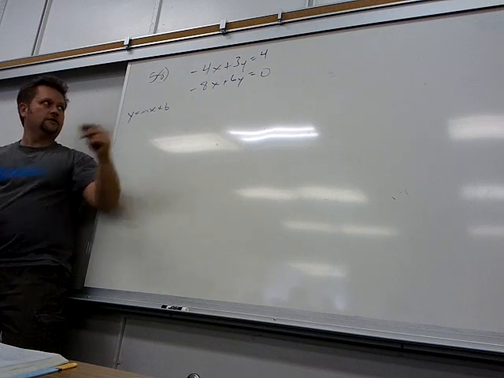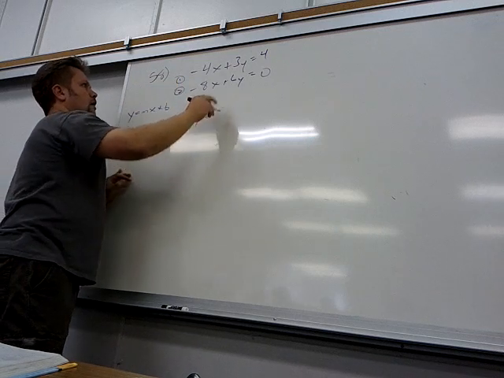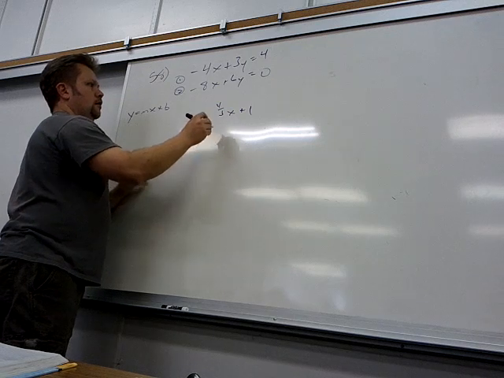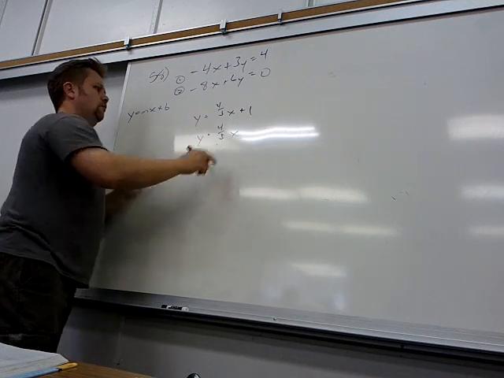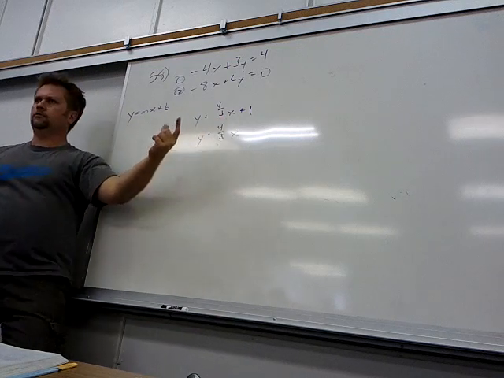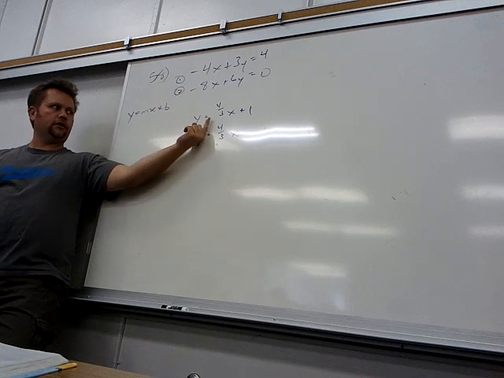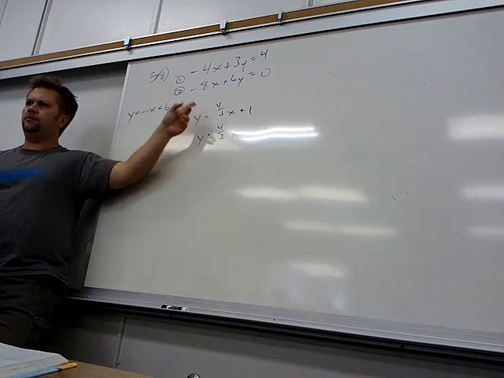All right. So if you solve both of those for y, here you'll get, and here you get, what's this guy's slope? What's the first guy's slope? 4/3. What's the second guy's slope? 4/3. So are they parallel, perpendicular, or neither?